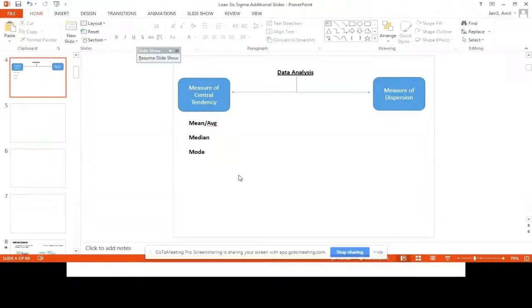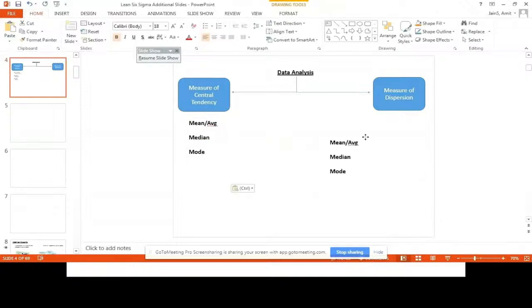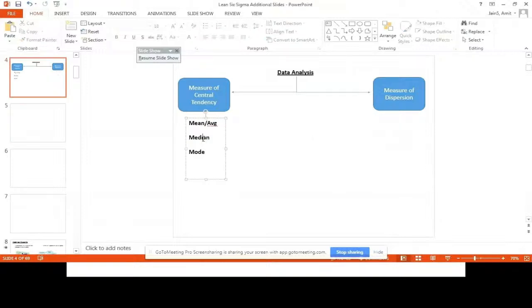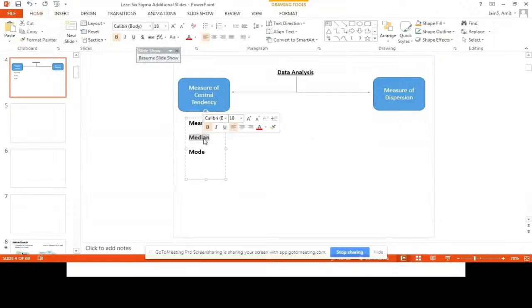Have you heard about mean or average? Correct. Yep. I'm good with that one. You would have definitely heard about this, but let me ask you: do you remember median? Median and mode I struggle with. Right.